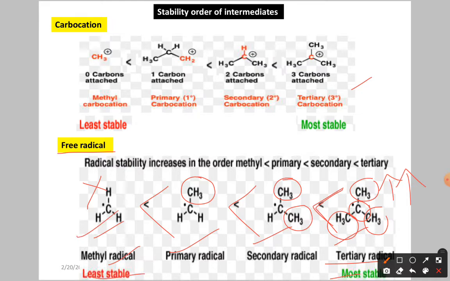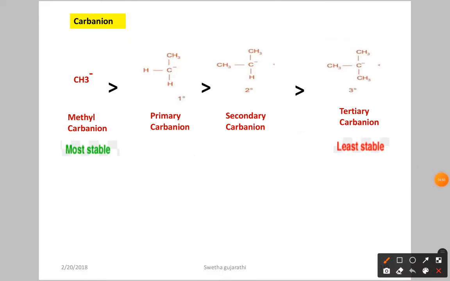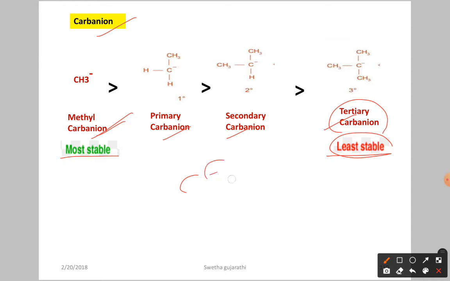The least stable is the methyl radical. Now the stability of carbanions: again we have methyl carbanion, primary, secondary, tertiary. Here it is reversed. Methyl carbanion is most stable, and the least stable is tertiary carbanion. This is the opposite of carbocation and free radical. Why? Because a carbanion is already electron rich.